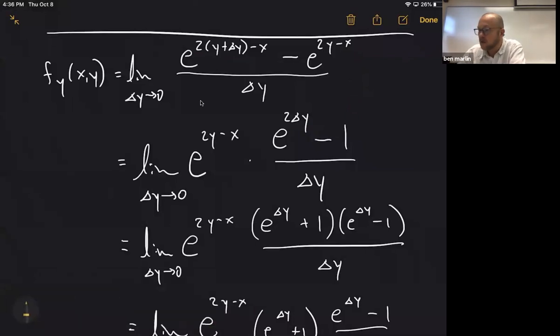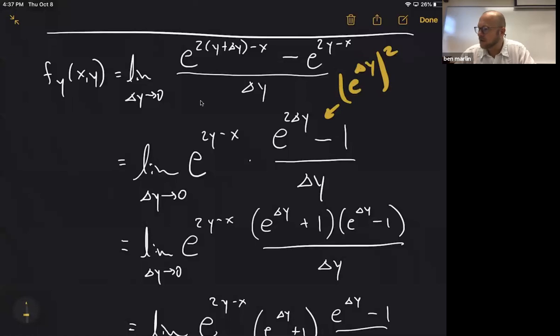So looking at that, your initial instinct is probably, aha, that's exactly what Ben said before. We've got an e to the delta y up there in the numerator, so that's going to go to 1. Yeah, almost, okay? So the tricky bit here is that I'm thinking about that I have e to the delta y squared.